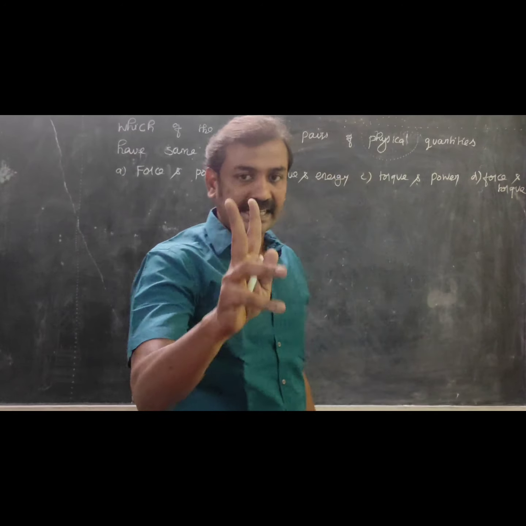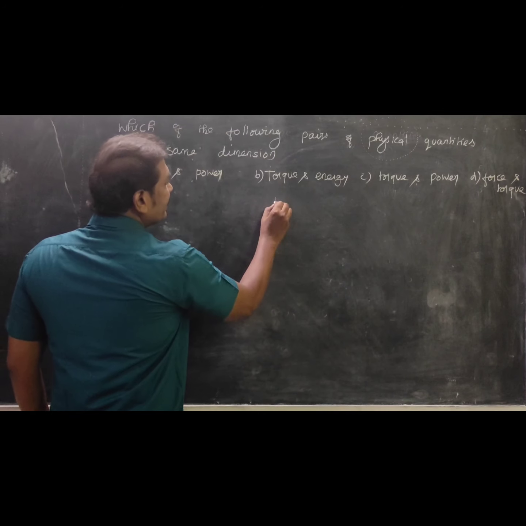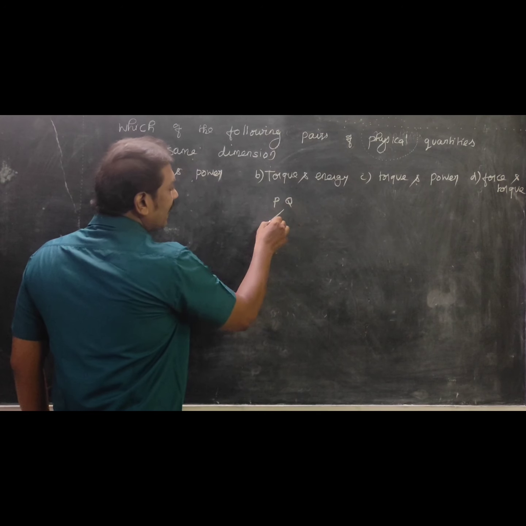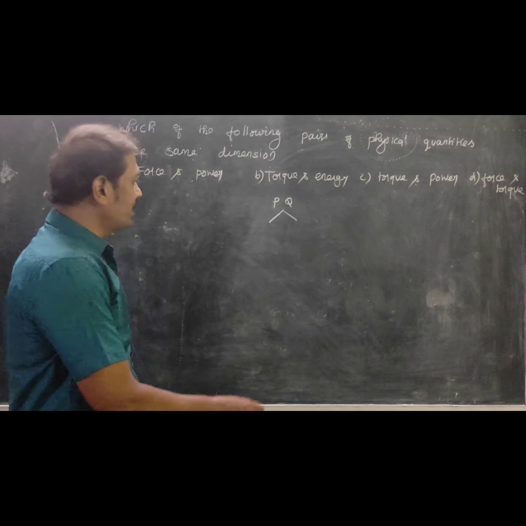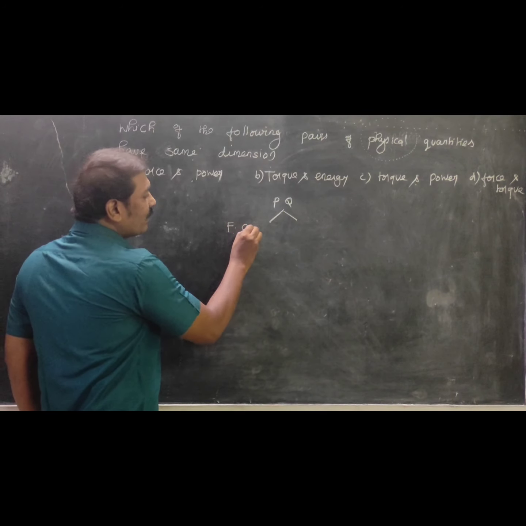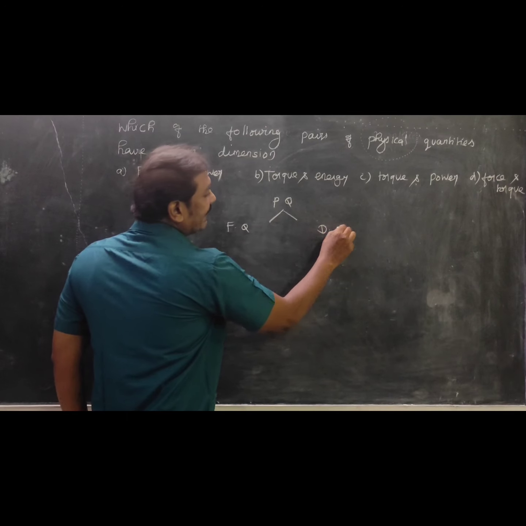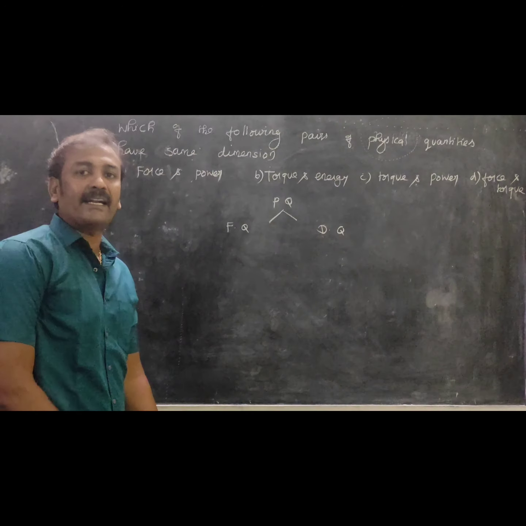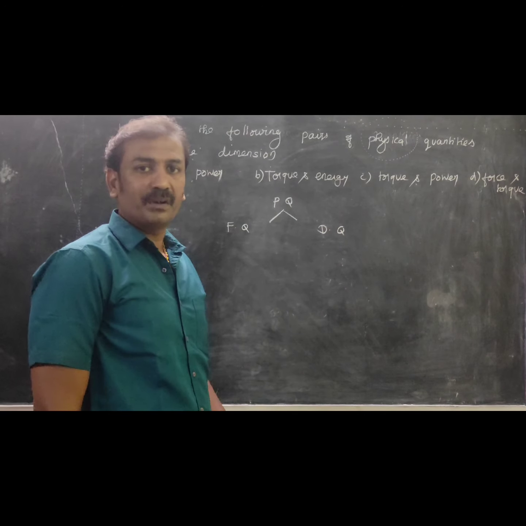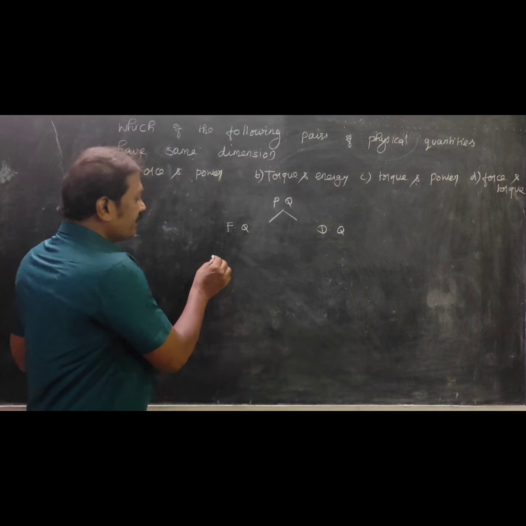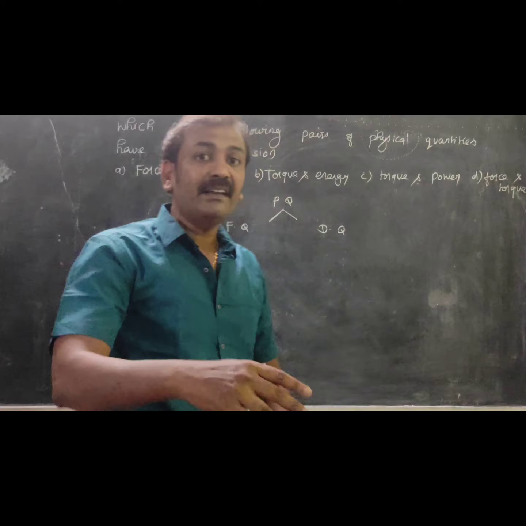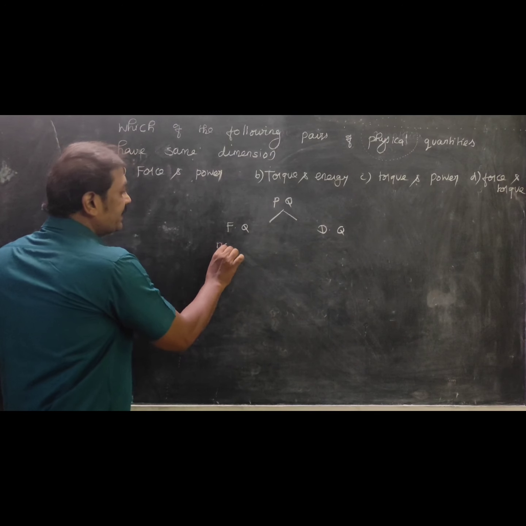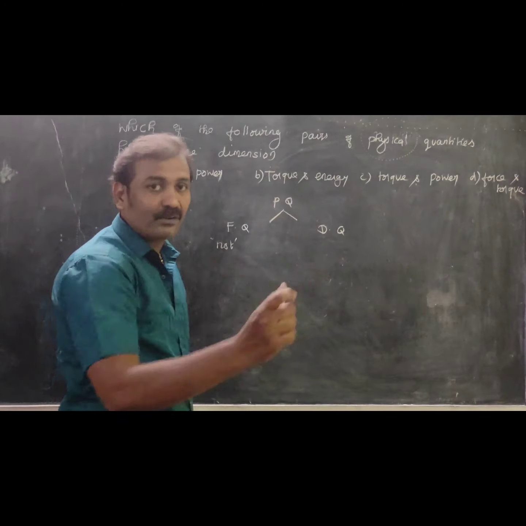Second, physical quantities are divided into two: fundamental quantities and derived quantities. Fundamental quantities are those which cannot be measured in terms of any other physical quantity.